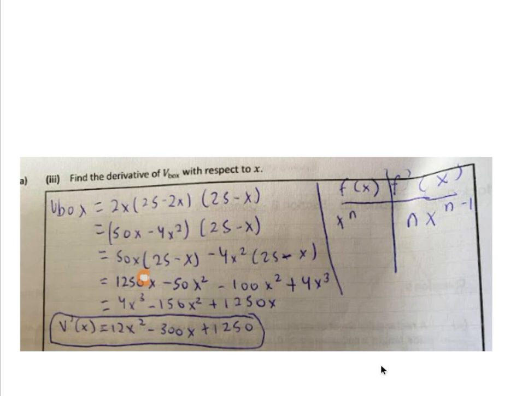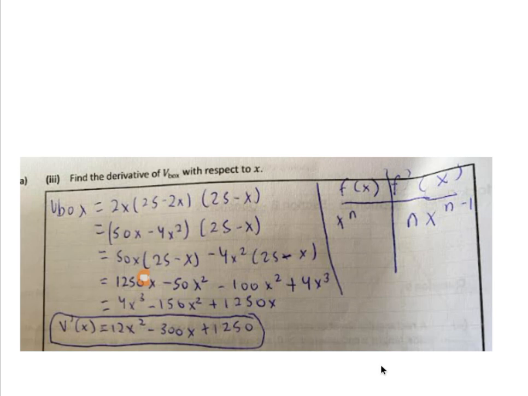We can multiply 2 times 2x. We can multiply 2x by 25 minus 2x. 2x by 25 gives us 50x. 2x by minus 2x gives us minus 4x squared. This all still has to be multiplied by the 25 minus x, so we have 50x minus 4x squared by 25 minus x.